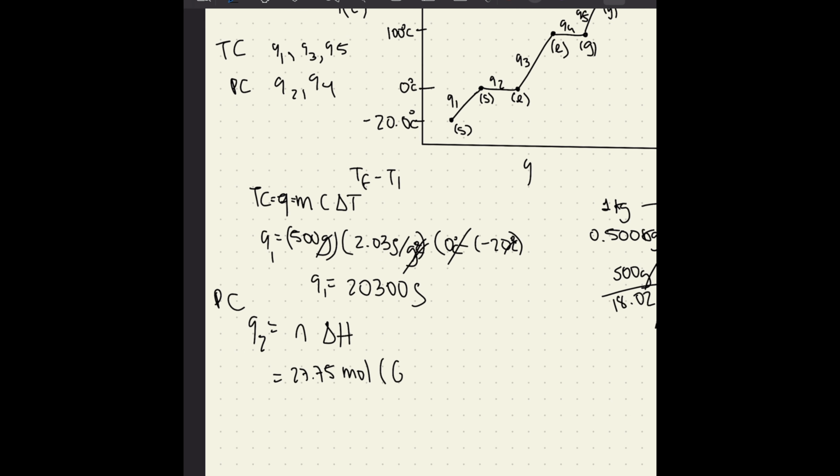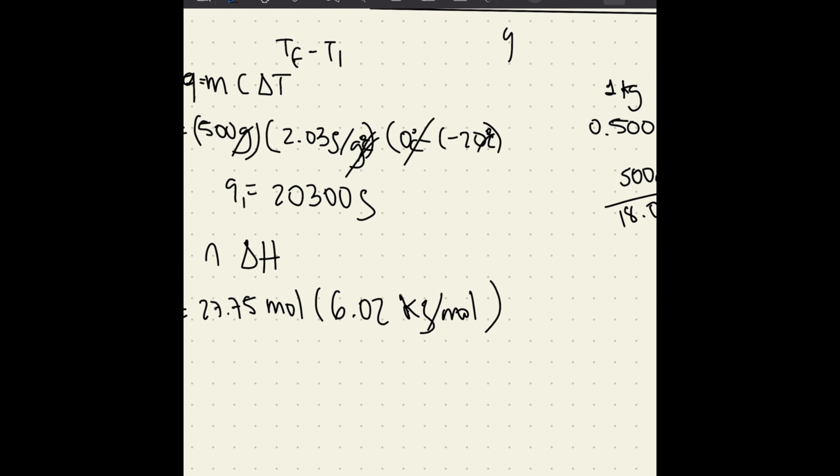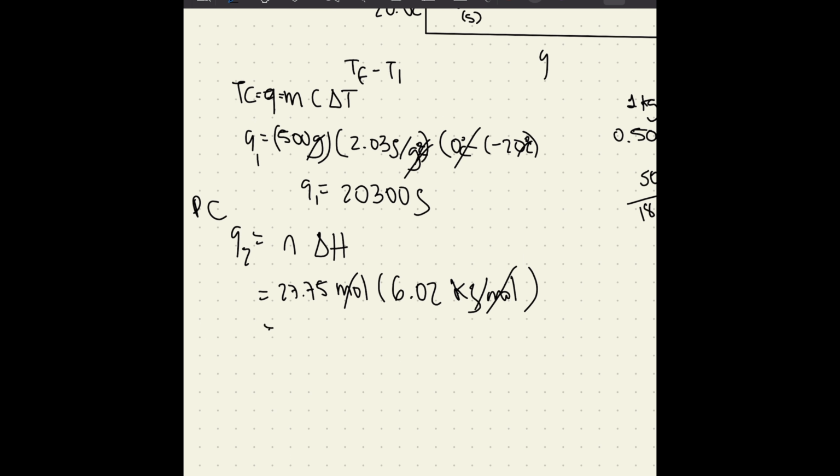So you're gonna multiply by 6.02 kilojoules per mole, right? Is that right? Yeah. Let's cancel. You're gonna get kilojoules. 27.75 times 6.02, so it's 167.055, right?